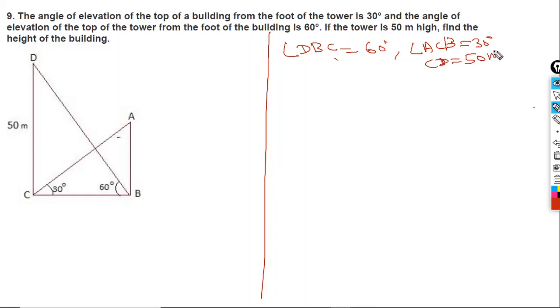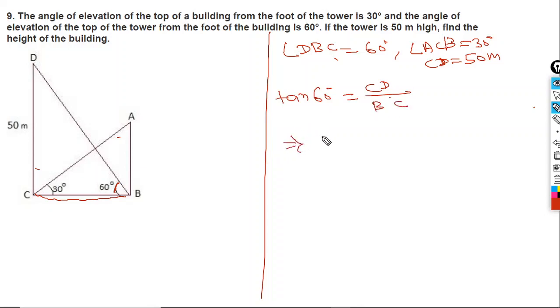Now what we have to find is the height. So let's find the length of BC, this length. How? If we use tan 60, then we can find the length of BC. Tan 60 degrees equals CD by BC.